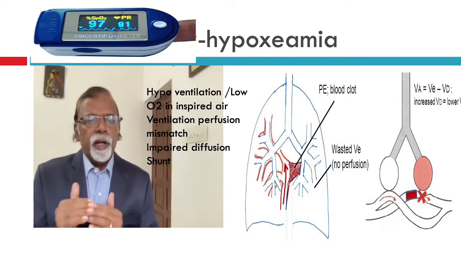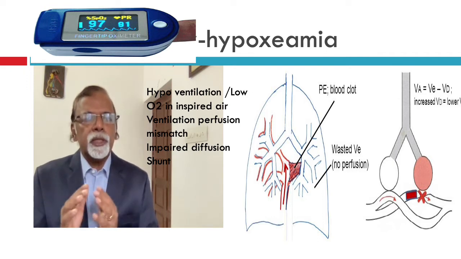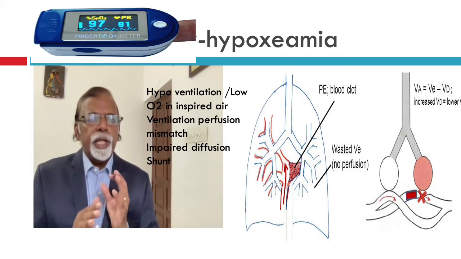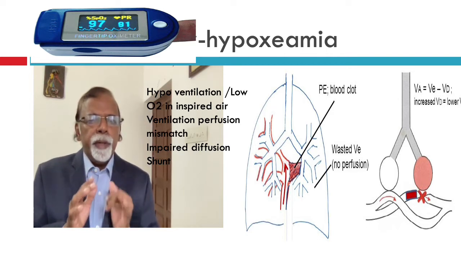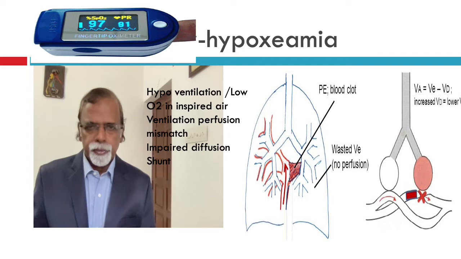Shunting can occur at the level of alveoli, suppose the alveolus is collapsed, or arteriovenous malformation, or hepatopulmonary syndrome. So we have gone into the major causes for hypoxemia, that is hypoventilation, ventilation perfusion mismatch, impaired diffusion capacity of the lung, and shunt lesions at the cardiac level or at the level of the lungs.